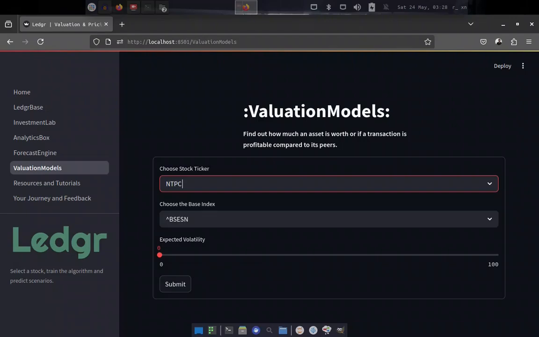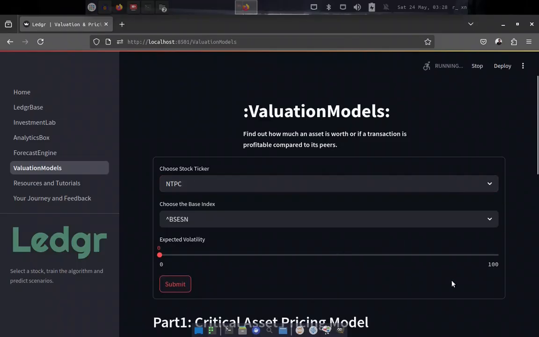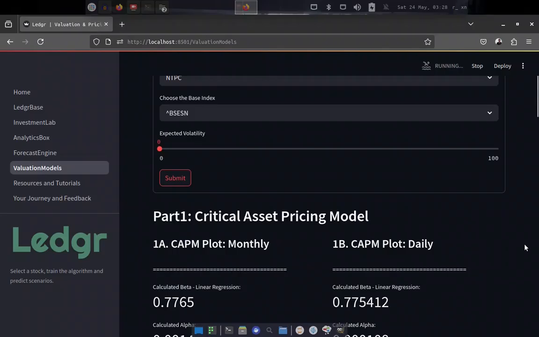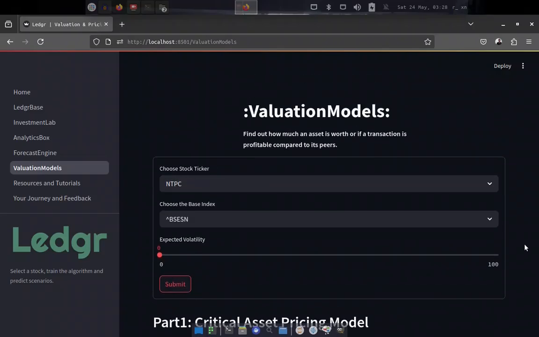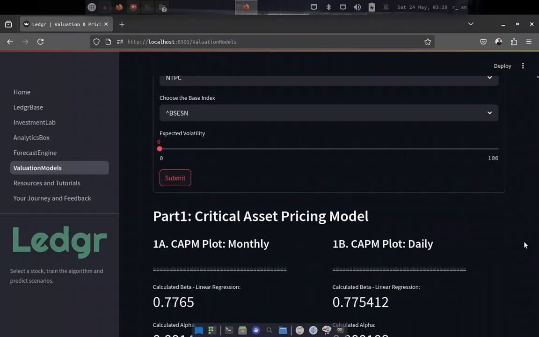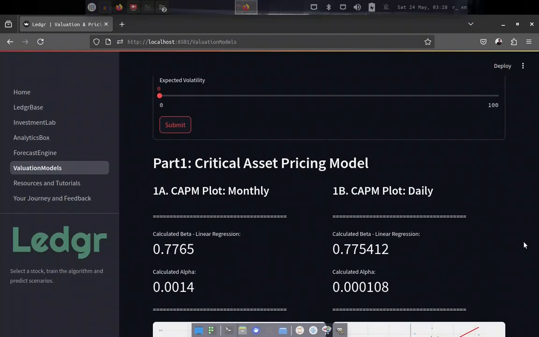Evaluating this has to be done with respect to an index. For India, we're going to choose the BSE, or the NSE would also work. See? Within a few seconds, there are two parts to this. First is the capital asset pricing model.